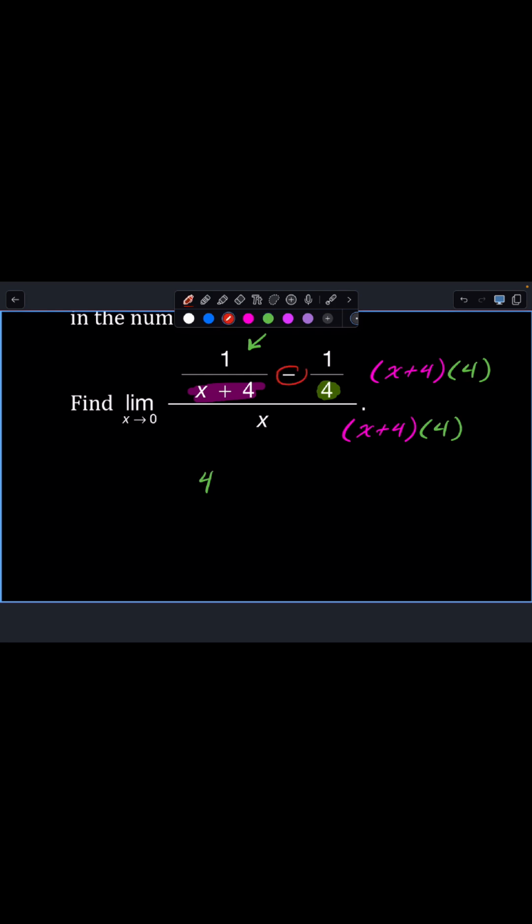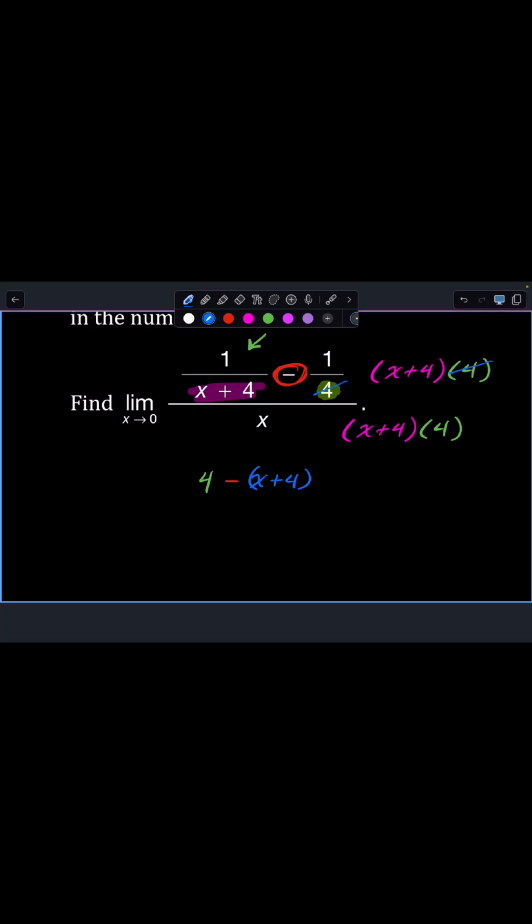Minus, right? Minus, what do we end up with in the second fraction? 1/4 times x plus 4 times 4. Don't these cancel? Just x plus 4. In parentheses, right?